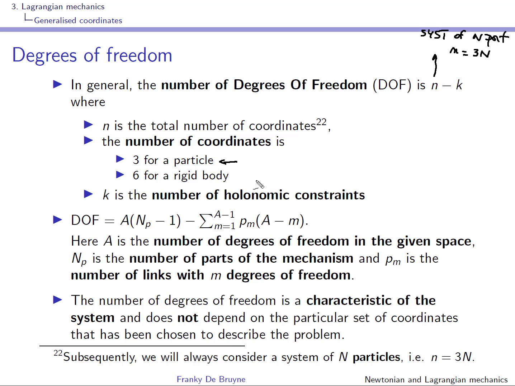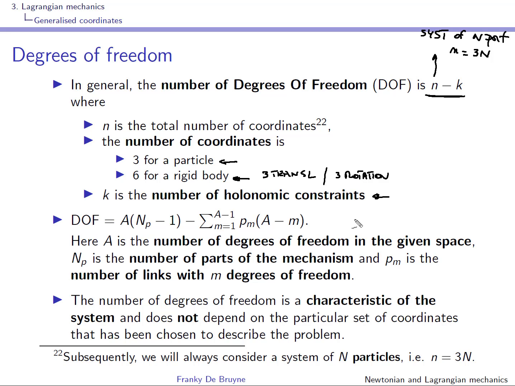But of course, in general, you could have particles and you could have rigid bodies, and you know that a rigid body needs a description with 6 variables, 3 in translation and 3 in rotation. So this gives a slightly more general definition, and remember that k here is the number of holonomic constraints.